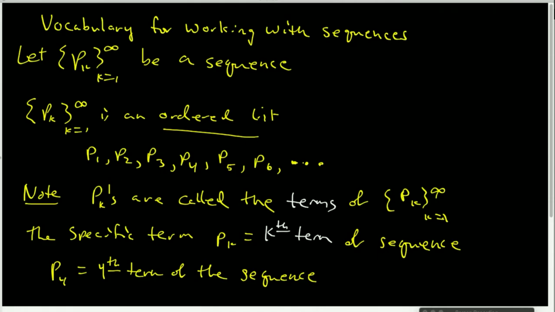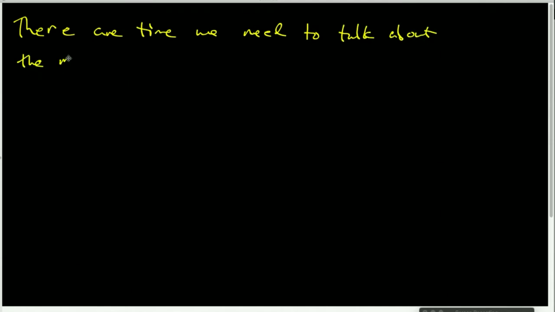Now, there are times where we need to distinguish between the ordered list of numbers in the sequence and the image of the sequence. So there are times that we need to talk about the image of the sequence as a function.